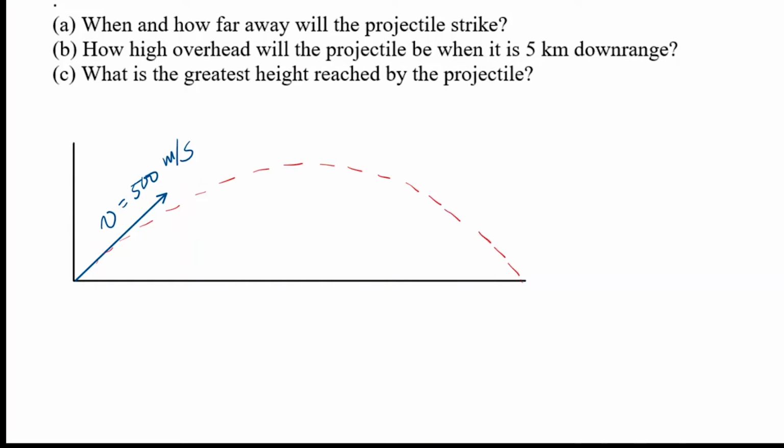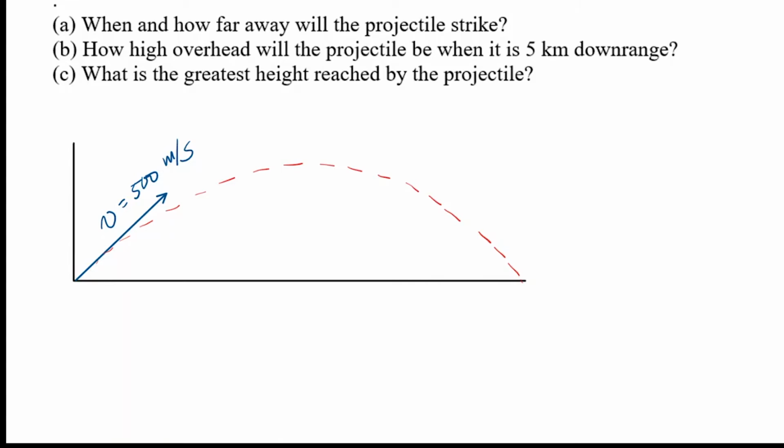So far with me? Okay, now let's continue reading. A, when and how far away will the projectile strike? So, part A, you have to talk about the flight time, right? And then also, how far away, right? Oh, actually, when, yeah, okay, we'll do that.